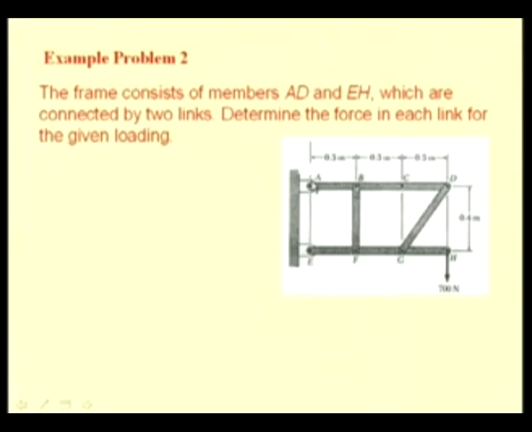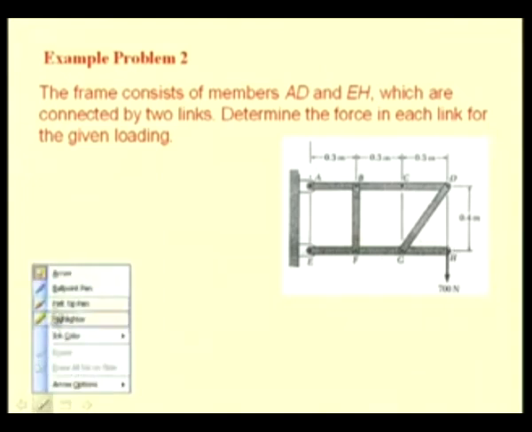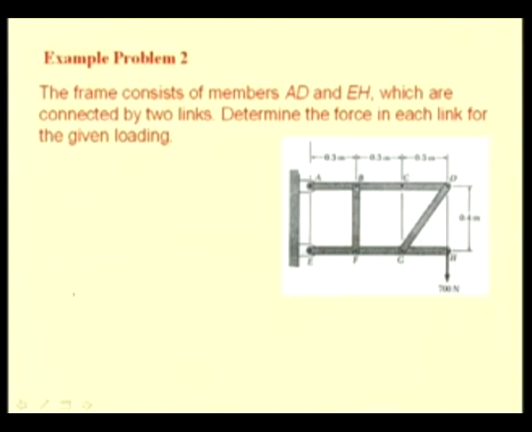This frame is connected by pins at A as well as at E, and we have an external load of 700 Newton applied at H. First, let us see whether the frame under consideration is a rigid body or not.